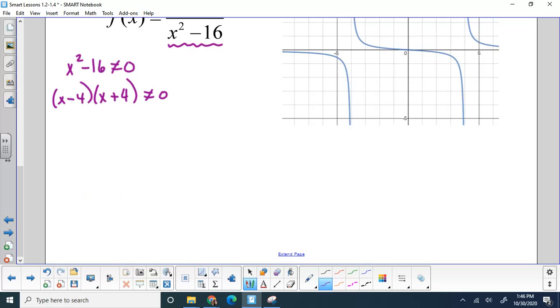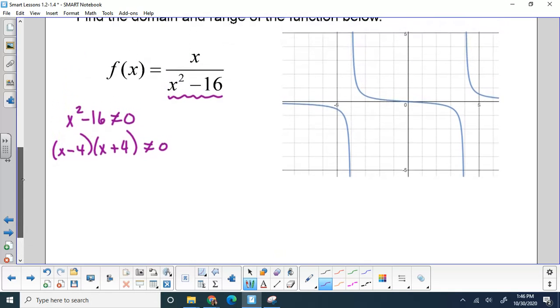When solving this algebraically, I can set each of these parenthesis terms not equal to 0. This is essentially using the zero product property that we learned at the beginning of the year. This tells me that x cannot equal 4 and x cannot equal negative 4. I'll be excluding these from the domain.